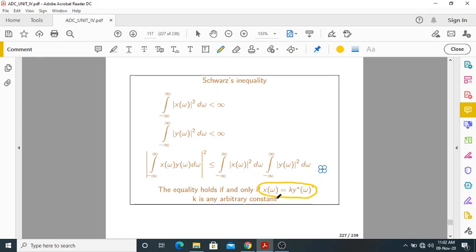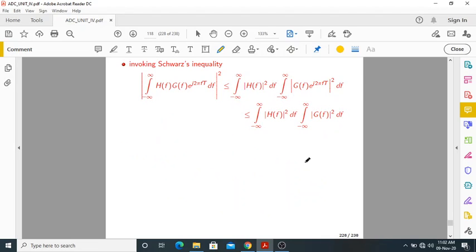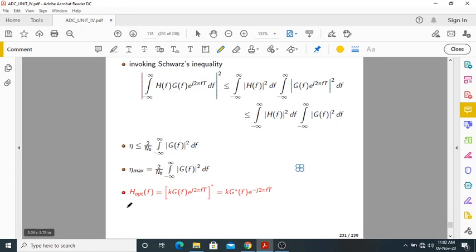For equality to hold in the inequality, X of omega should be equal to some constant k into Y conjugate of omega. Which means H of f should be equal to some k into the conjugate of this quantity. So H of f optimum is k into G conjugate of f.